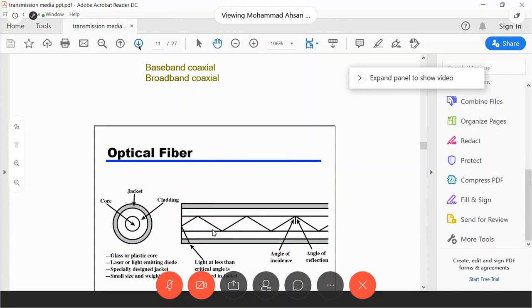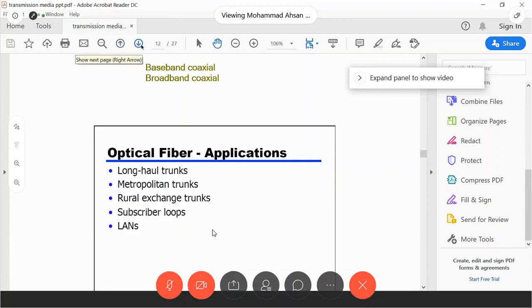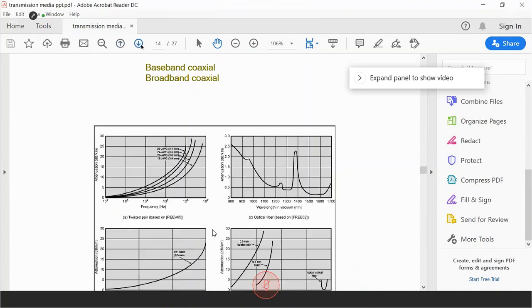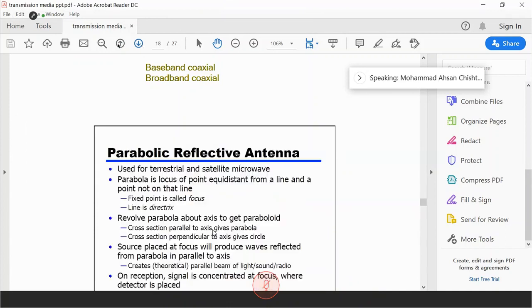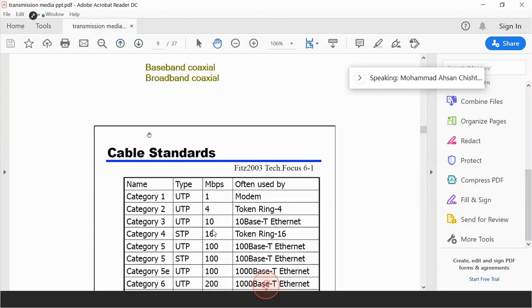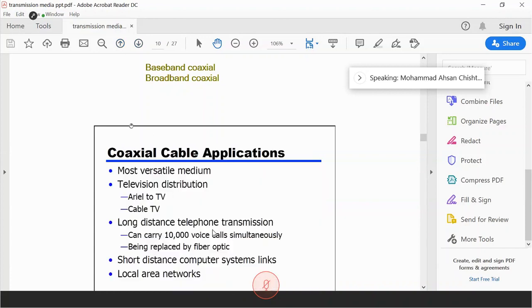When we talk about this, let me see if there's an image of it. No, there's no image there. Now, how does it look like?